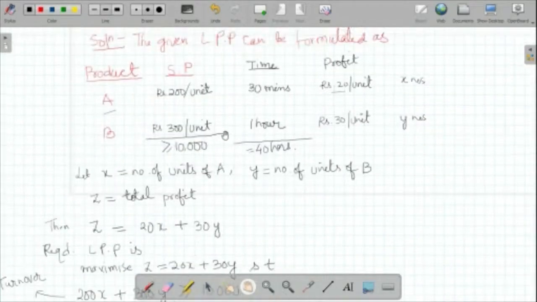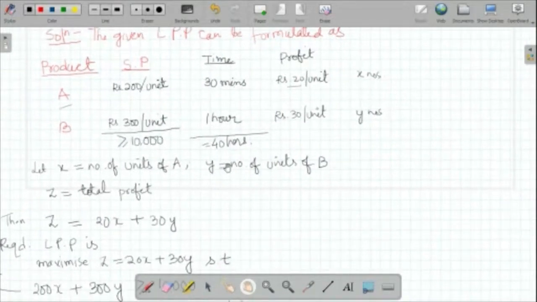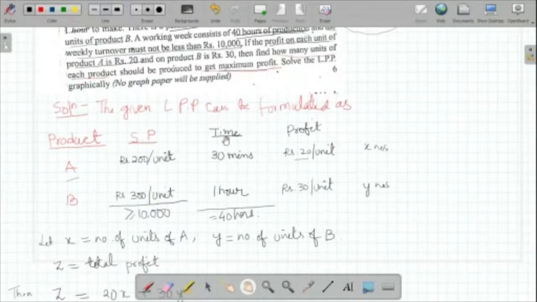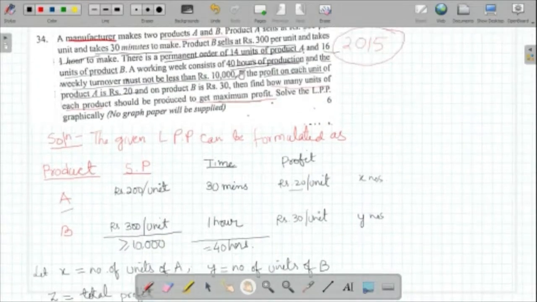Now coming back to the second, the time constraint. From the question's material side, a working week consists of 40 hours of production.